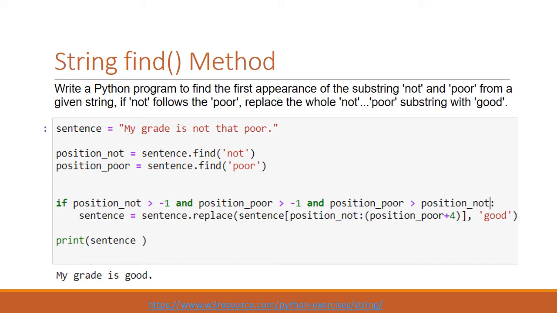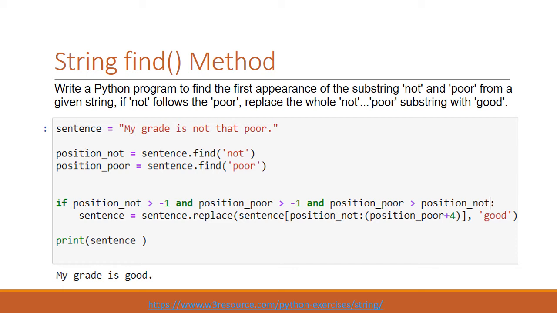Our if statement checks three cases. First of all, did not actually appear in the string? If position not is equal to -1, it means that the substring not did not appear in the sentence. So it checks to make sure that position not is greater than -1.